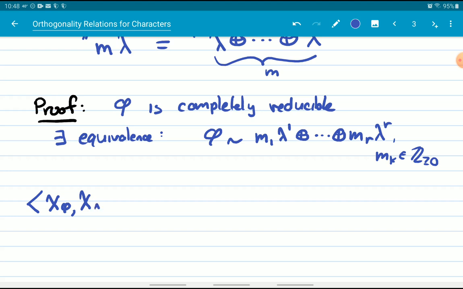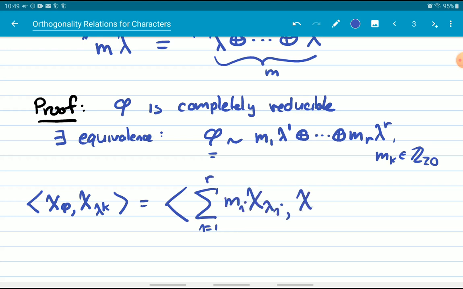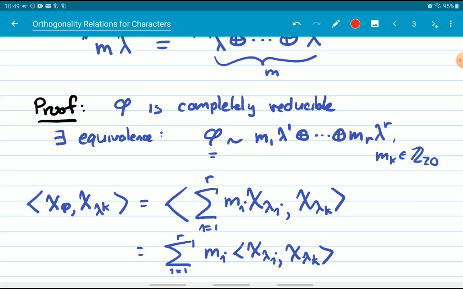If I compute the pairing of the character of phi with that of lambda k, well, this thing is a direct sum, and therefore its character is a sum. So I'll write it as the sum as i goes from 1 to r, mi chi lambda i, but I'm pairing that with chi lambda k. And of course I can pull that out of the sum because it's linear in the first variable, so I'll get mi times that inner product. But the theorem says that this term is either 1 or 0.